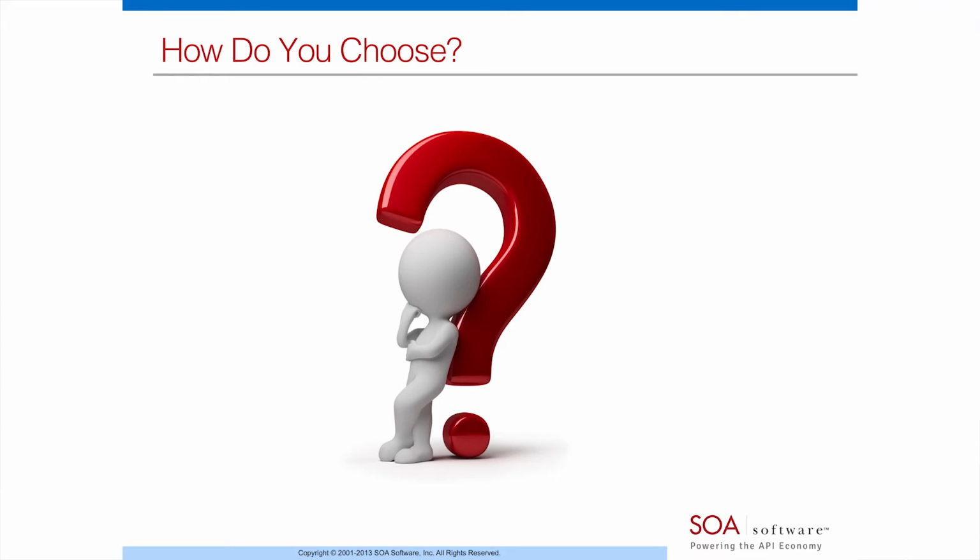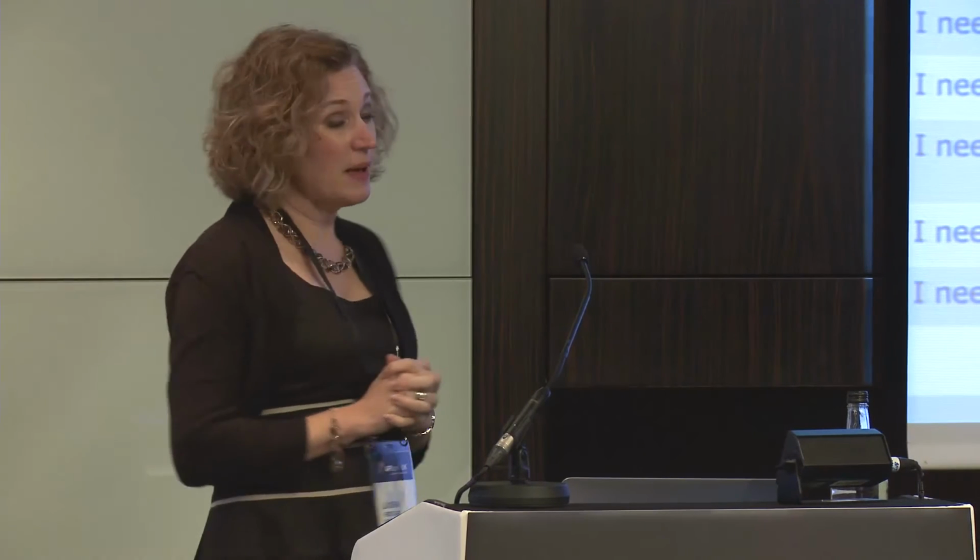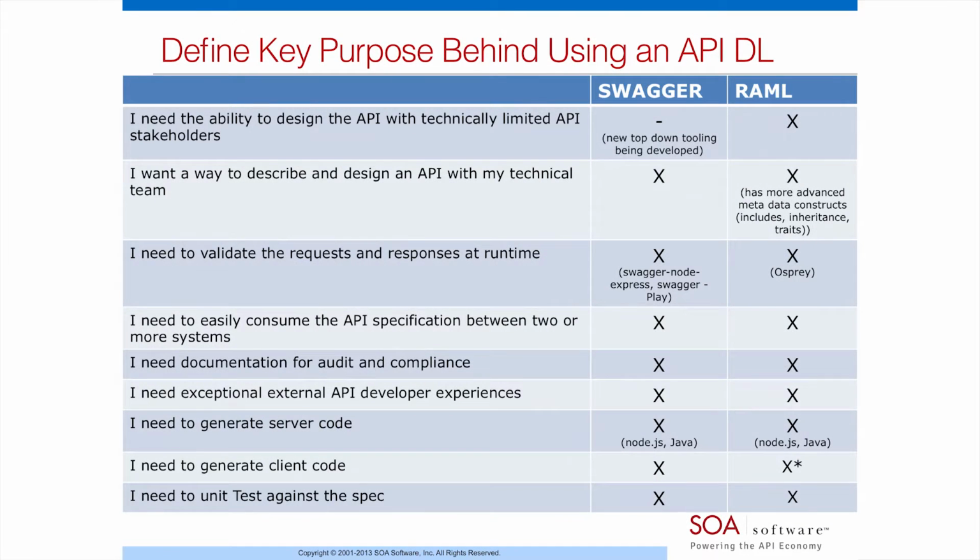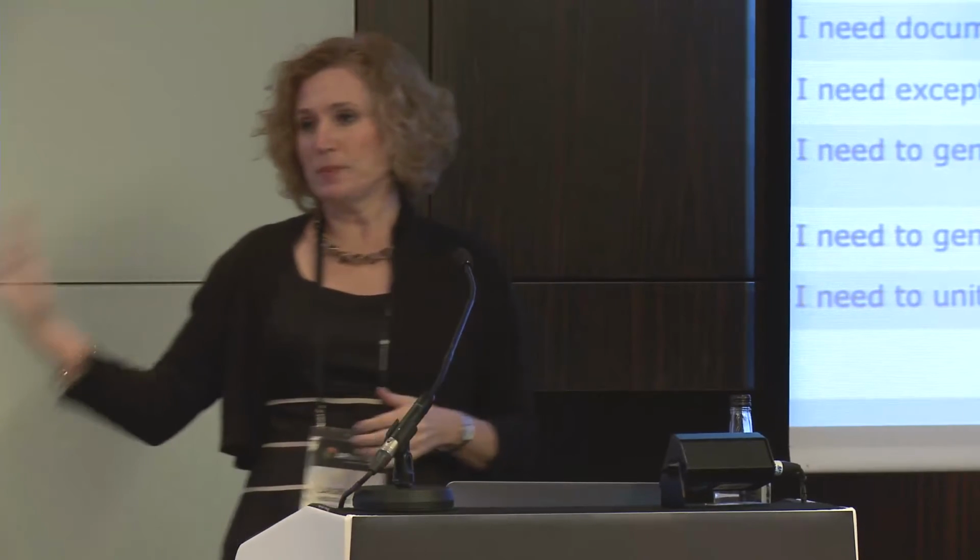So which one do you choose? It really depends on what you want to do. First, I created a bunch of criteria of things that you think of what you would do. So one is I need the ability to design the API with technically limited API stakeholders. Okay, so these stakeholders might be API product managers or somebody that is kind of technically savvy, but not really technically savvy.